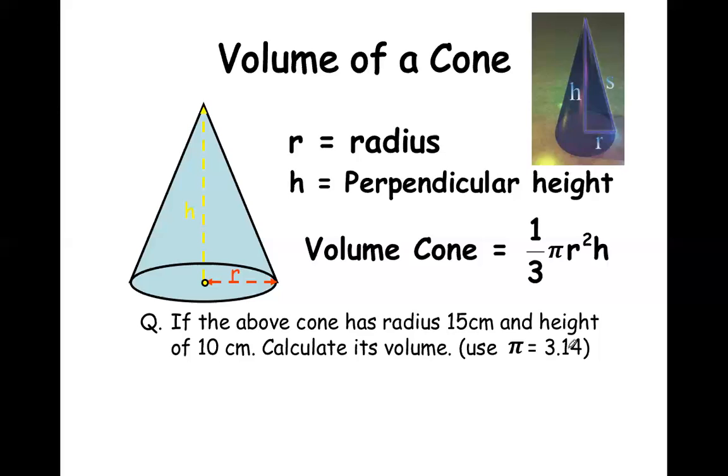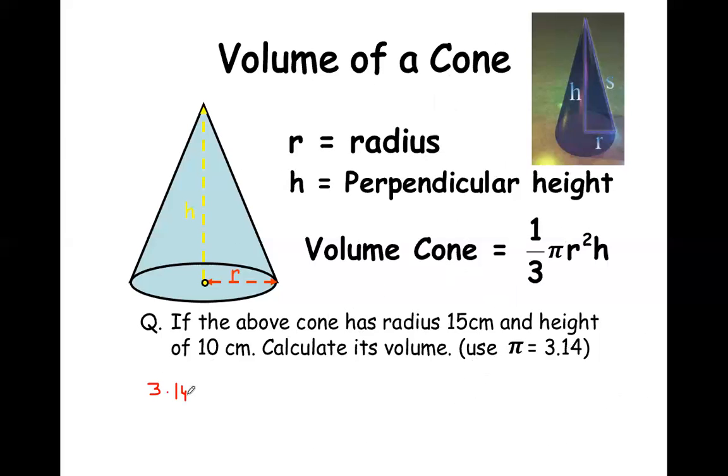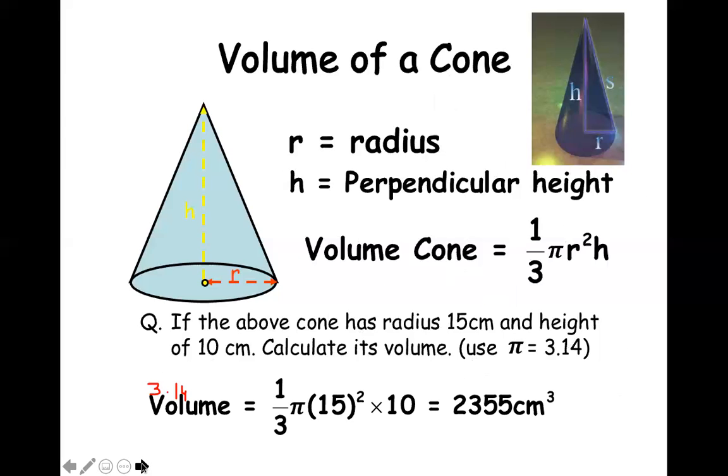So the way to do it, if you didn't have a calculator, would be to replace r with 15 and divide. So you would do 3.14 times 15 square, and simplify that as 5 times 3 and 5 times 15.